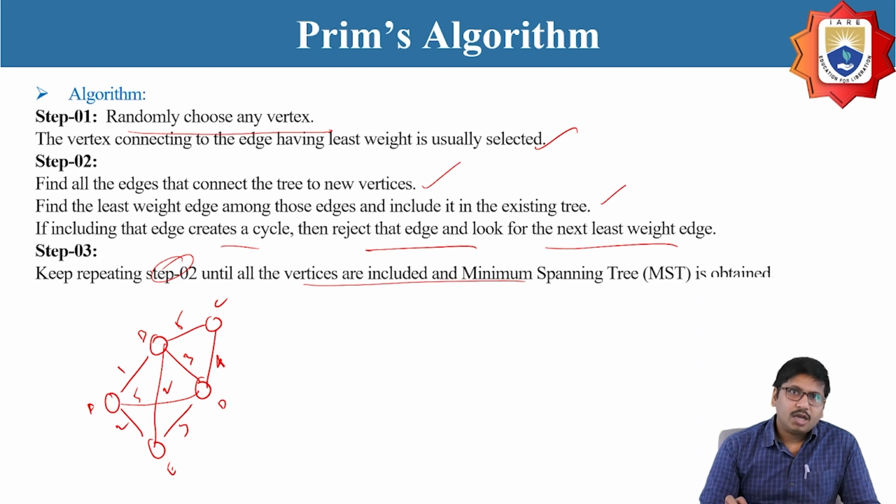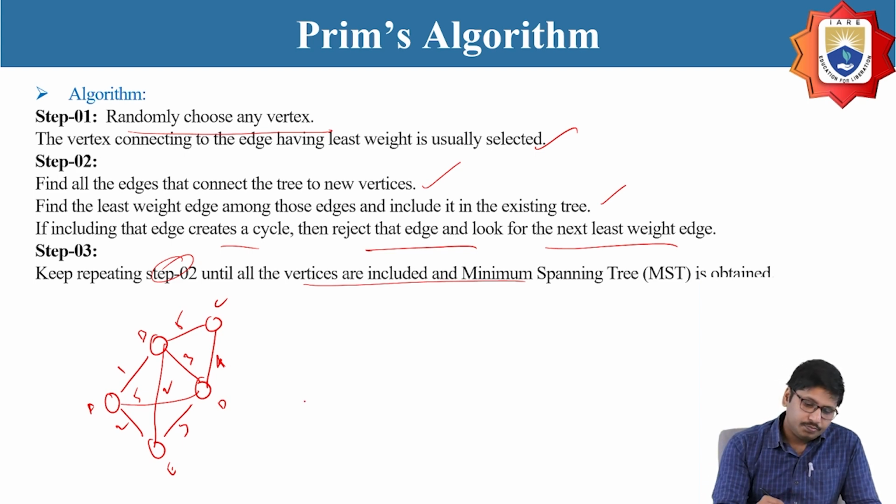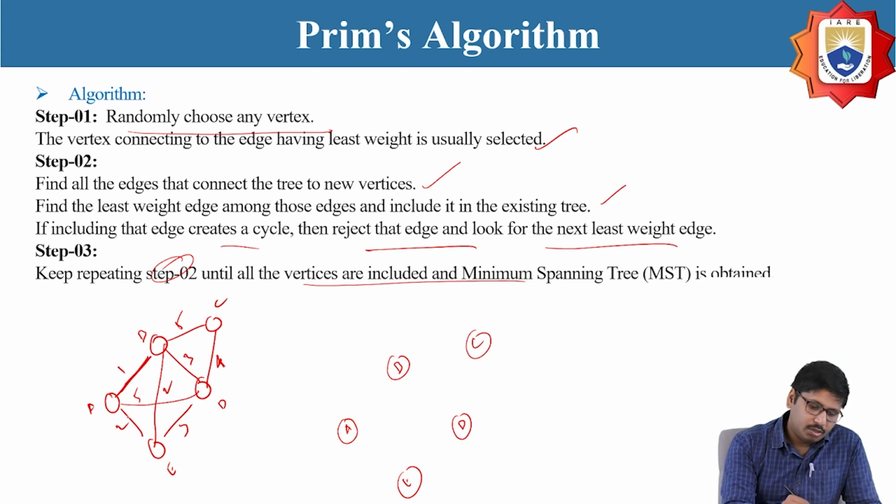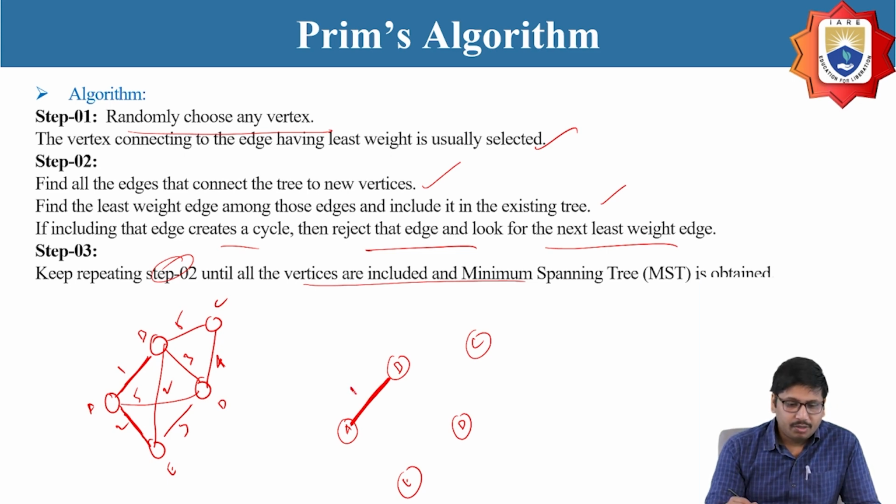In this case, take an empty graph like this. Then this is the starting point. From this, the minimum I'm going to select is 1. So 1 is selected, and from B, what is the next minimum?